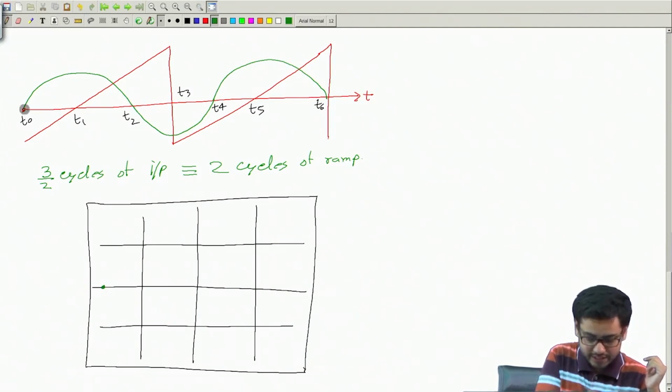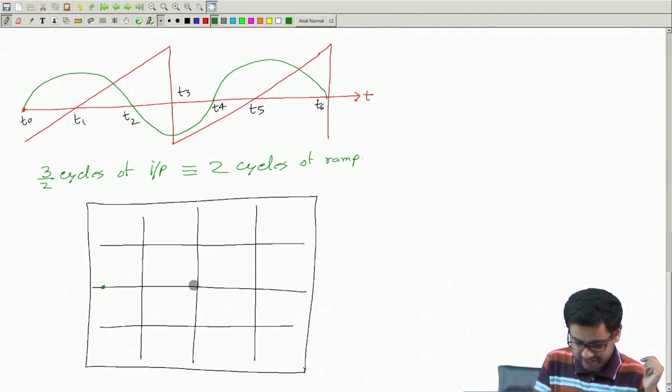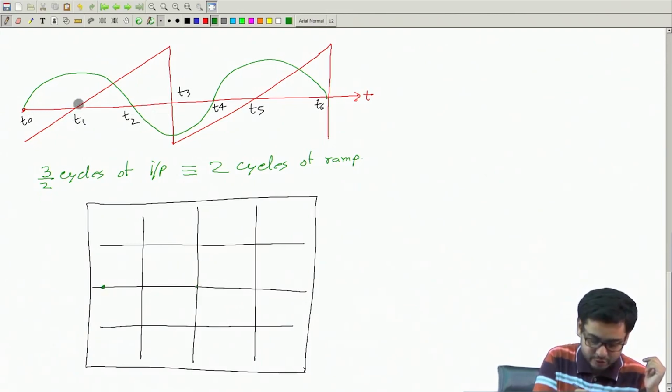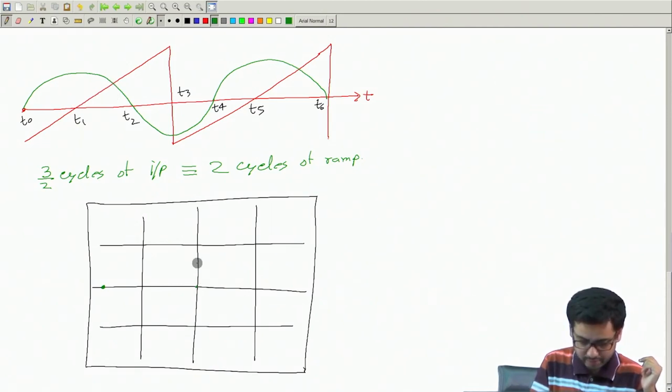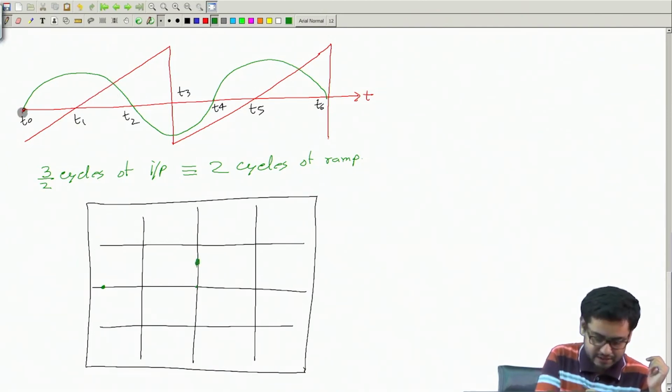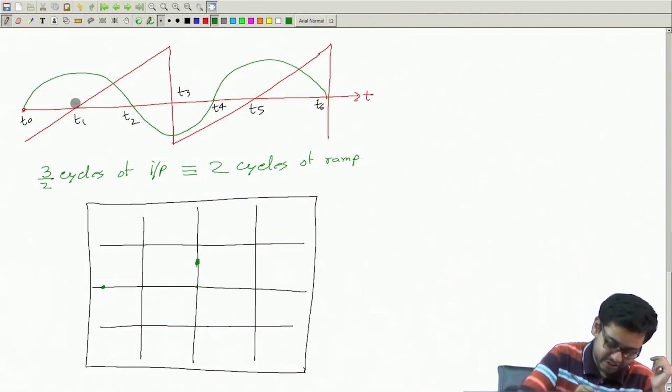Then as time progresses, at T1 we will be at the center, somewhere on this axis, and the height is this much. So the spot will be here, sorry, not this much, I made a mistake, this much.